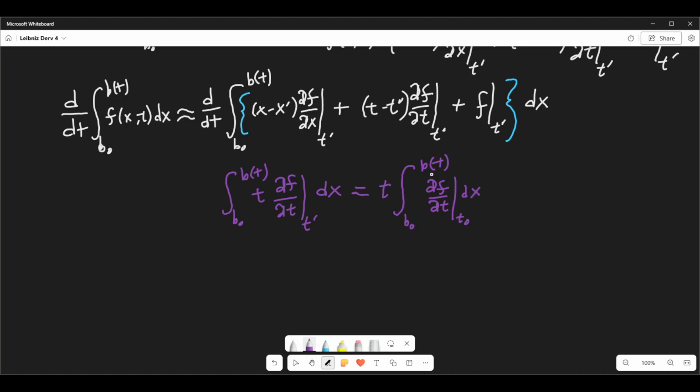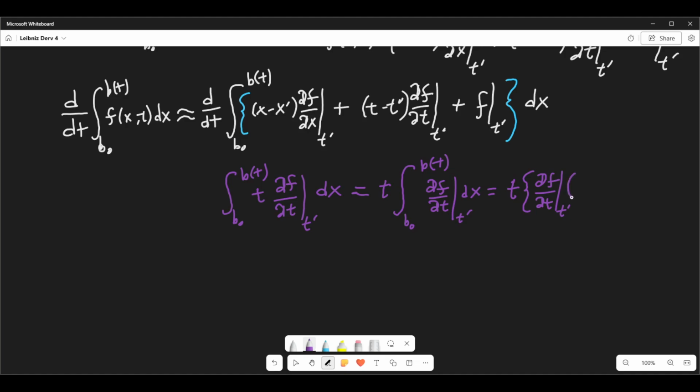And this is just a constant, and there will be a lot of these constant integrals, and the way the constant integrals work out is always the same thing. So the t is out front, and then this entire integral part ends up being the constant. Here's the df/dt, evaluated at, this isn't t prime, this t naught, that's actually t prime.